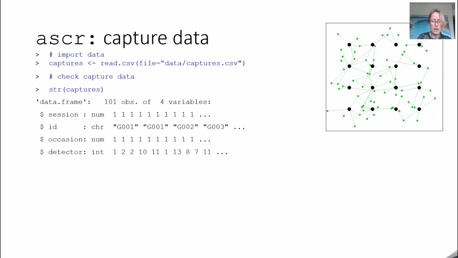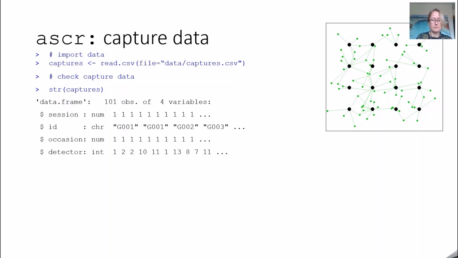You might wonder why 101 observations when we had 71 detected animals. Well, this is because we had multiple detections of several animals, and here each record represents one of these detections. So this data object has the same records and variables as the CSV file we just looked at. Nothing has changed, except now this is a data frame in the R workspace, and we can work with it here.